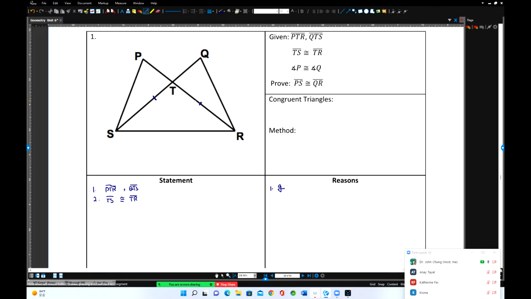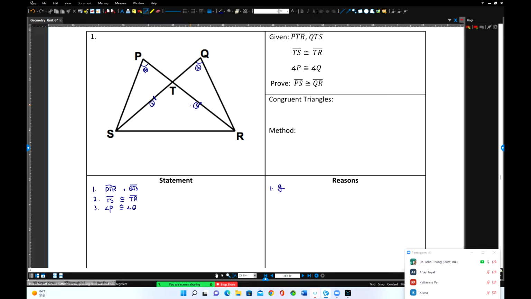These two sides are congruent, so triangle STR is isosceles. And the third one is angle P congruent to angle Q. These two angles are congruent. So this is already a fixed angle, and this is a side over there.